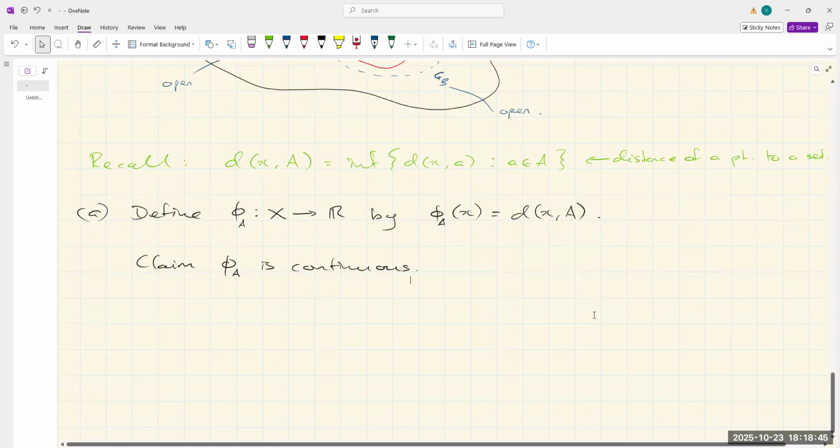So let's prove that it's actually Lipschitz continuous. So it's actually uniformly continuous, as we'll see in this proof.